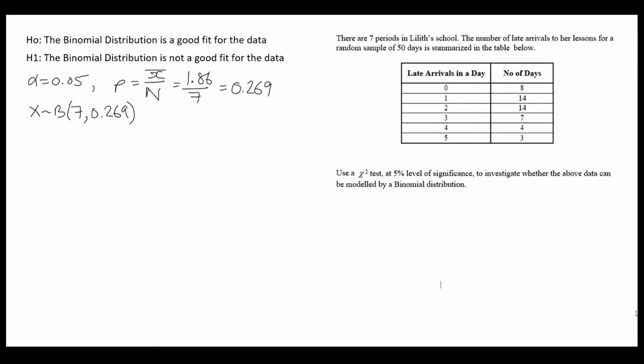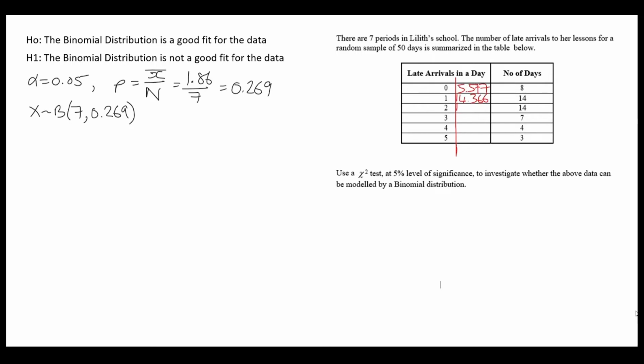The expected values are going to come from the binomial probability of 0, 1, 2, 3, 4, 5, 6, and 7 multiplied by the 50 days that we're considering. So in the first case, the probability that x equals 0 from this distribution multiplied by 50 gets us 5.577.